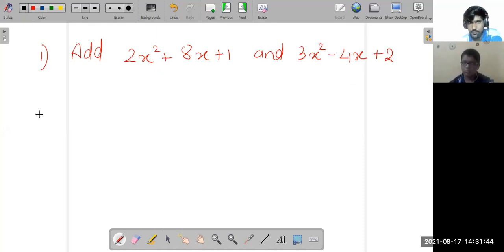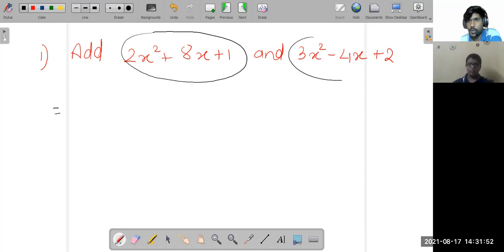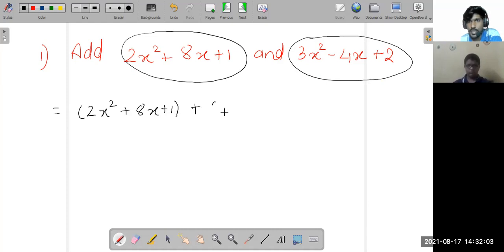Yes, I said that. We'll be doing that only. Look carefully. The first polynomial is 2x squared plus 8x plus 1, and the second one is 3x squared minus 4x plus 2. These two polynomials I have to add.